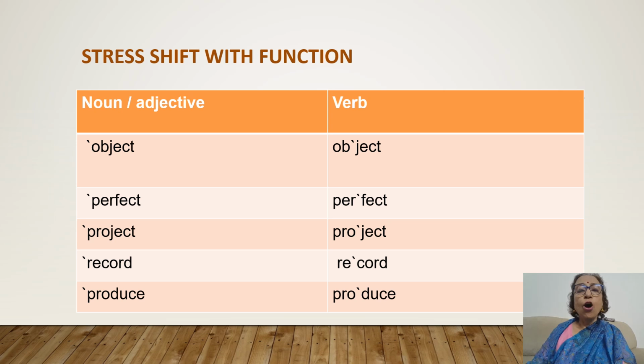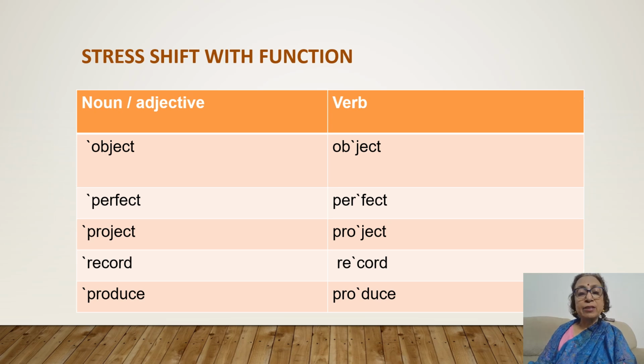We say object when it is a noun. Object, you show something and say, this is the object. Whereas somebody is stopping you from doing something, somebody is saying you are wrong, then that is called object. So we don't say ob, we say object. Ob becomes small, ject becomes big.